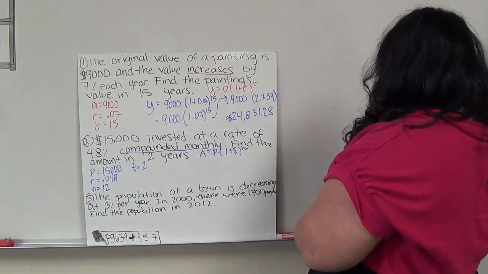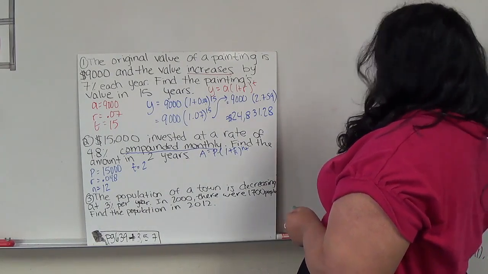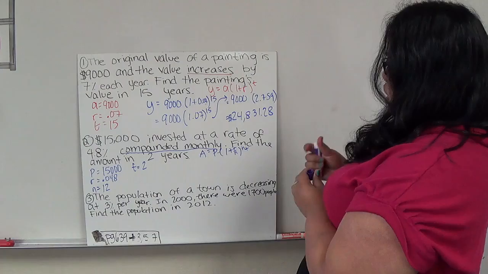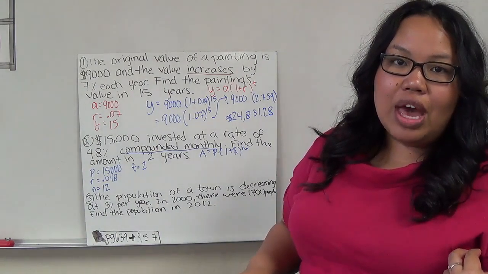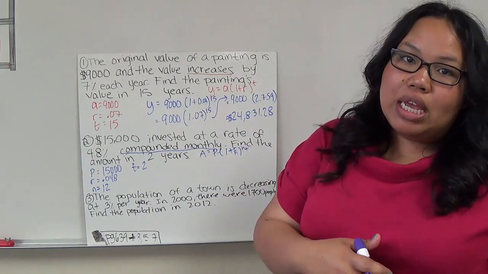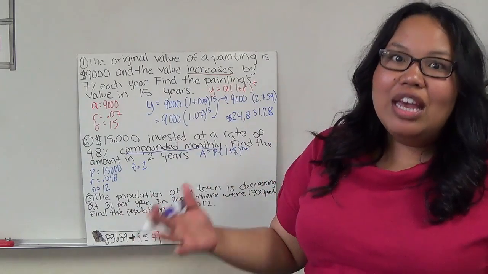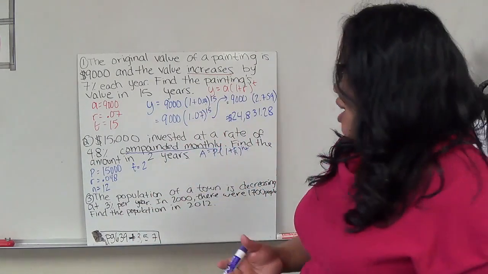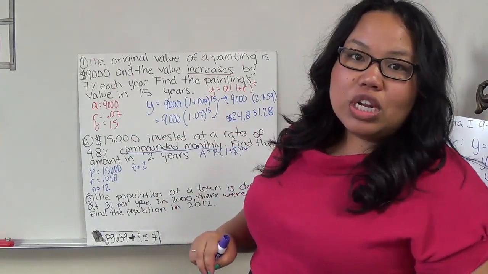So if you invest $15,000 at a rate of 4.8%, the bank needs you to have that money. People store their money so the bank can loan out money and make money on the money they loan, but they need your money, if that makes sense. So they will give you a certain interest on it.